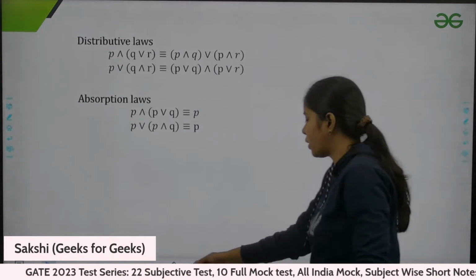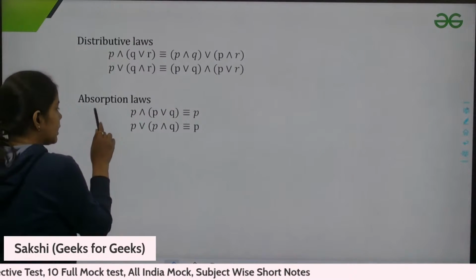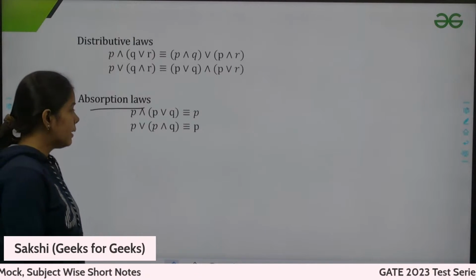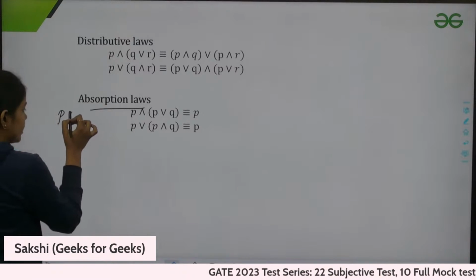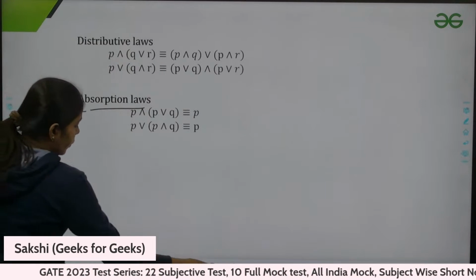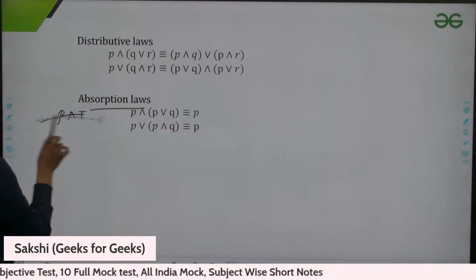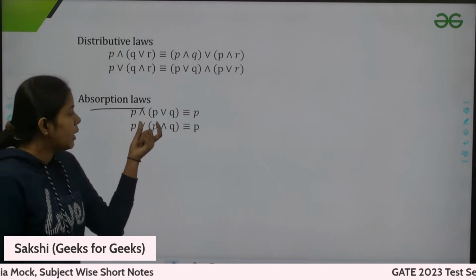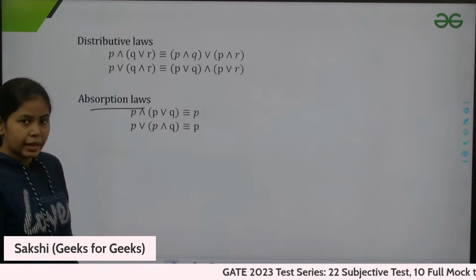Absorption law, this is important, guys. If you are not going to remember this absorption law, because this is a little bit difficult to remember, just see identity laws. Just see, P and (P or Q) will give me P, P or (P and Q) will give me P, right?